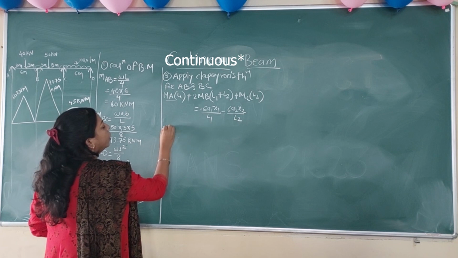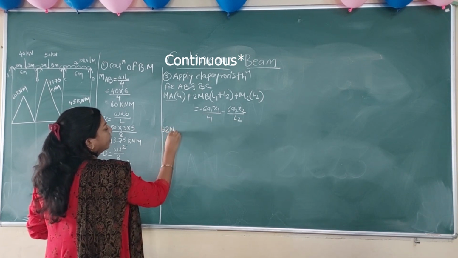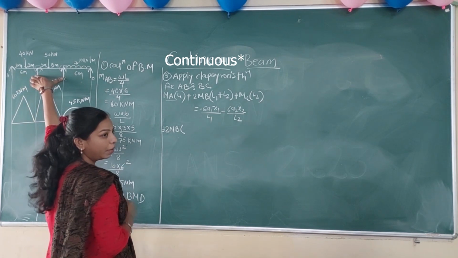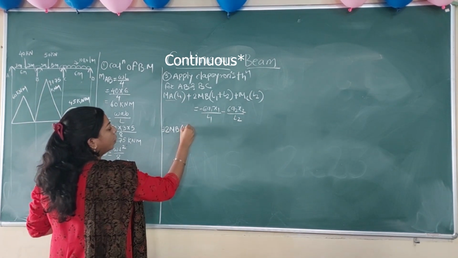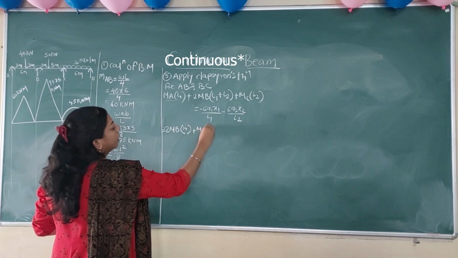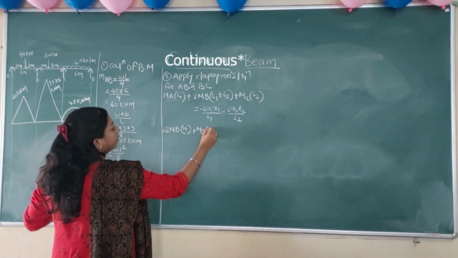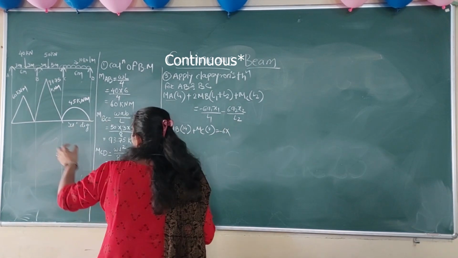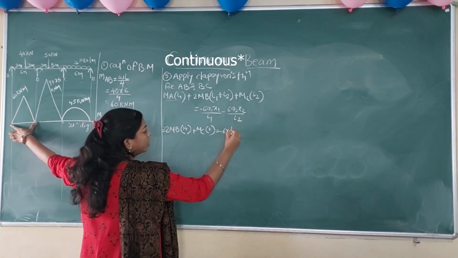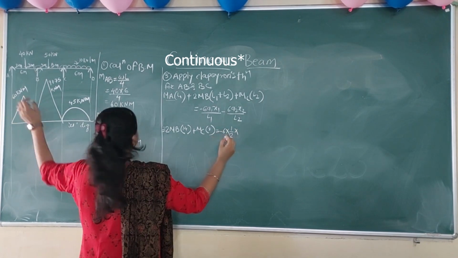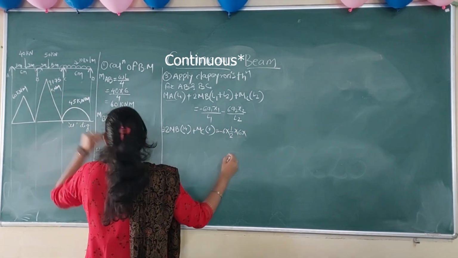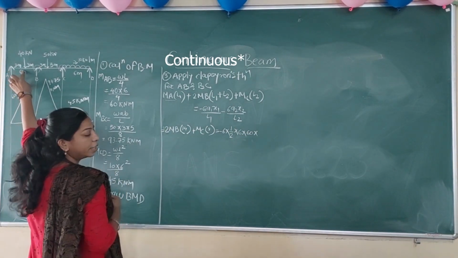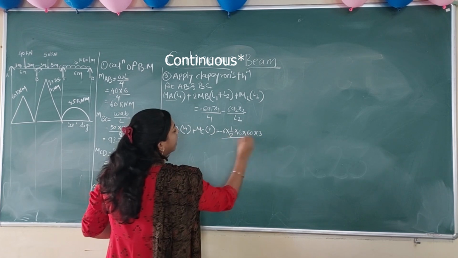Then 2MB into (L1 plus L2), 6 plus 8 is 14, plus MC into L2, which is 8, is equal to minus 6. Area of this diagram: this is a triangular shape, so 1 by 2, base is 6, height is 60, and the center is 6 by 2, which is 3, divided by L1.